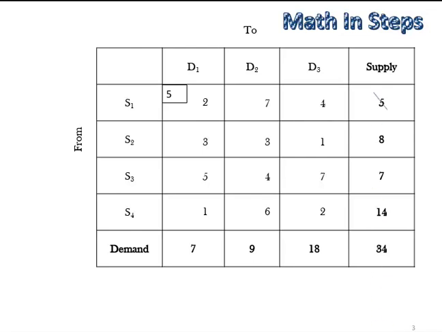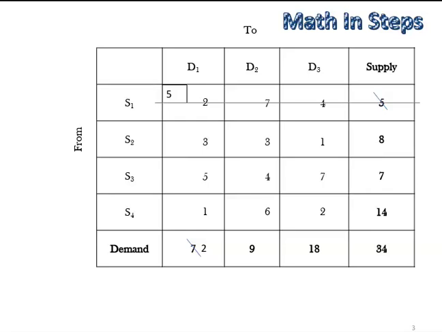Now for D1 column, the remaining requirement is 2. So as the source S1's supply is over, we can cancel its row. Now for the remaining problem, we'll again identify the northwest corner cell, which is S2D1 cell with 3 cost. Now we'll make the allotment here.